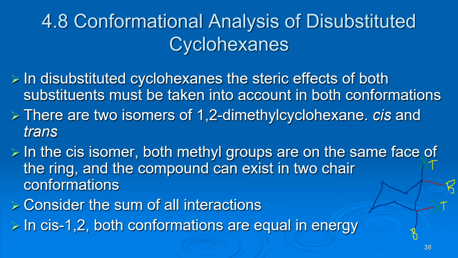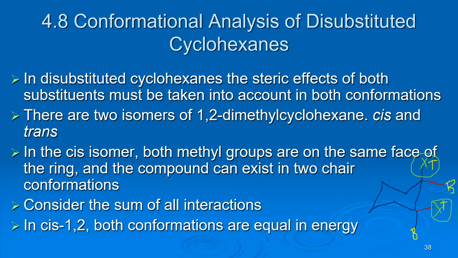You can see that there. Cis would have top and top. But what I also want you to notice is that if it's cis, top and top, one is equatorial, this one's equatorial, and this one's axial.